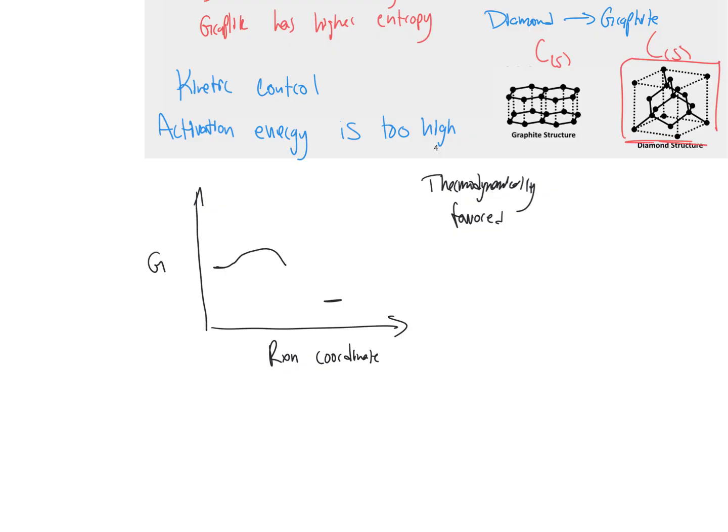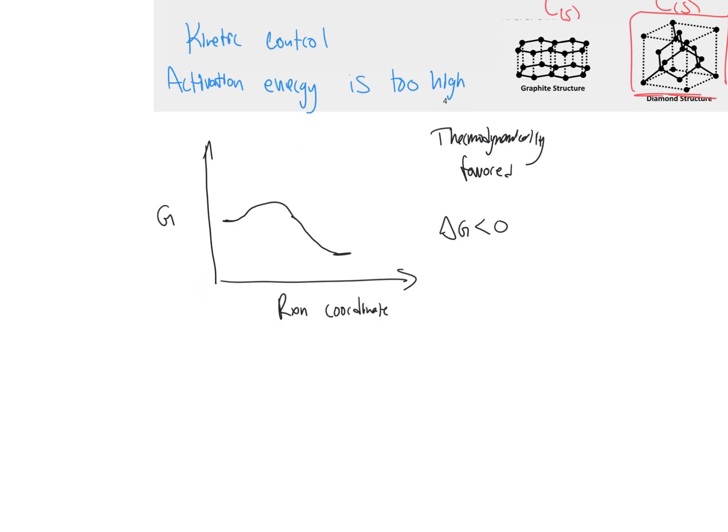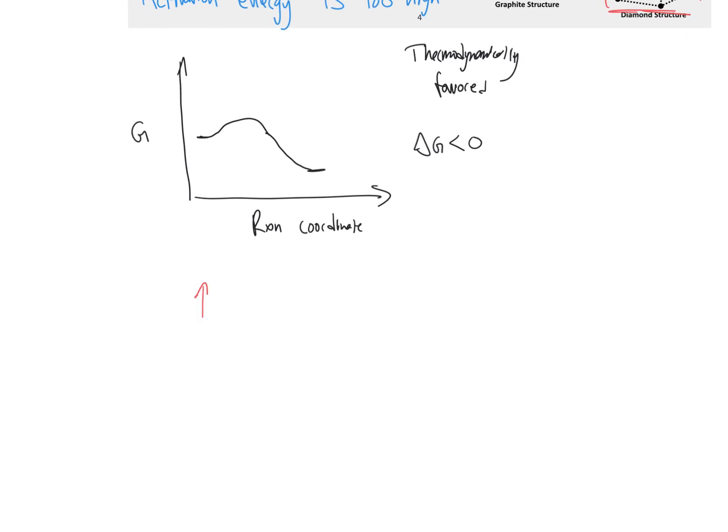In other words, delta G is going to go down, so delta G is less than 0. But in the diamond example, the free energy of diamond is going to be a lot higher because it has a really low entropy, and so it's going to have a higher free energy as a result.